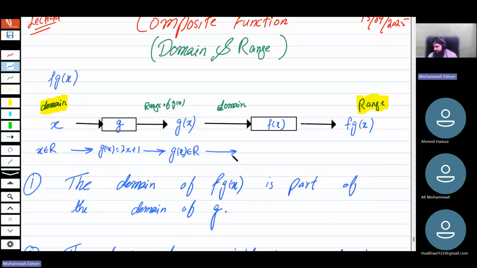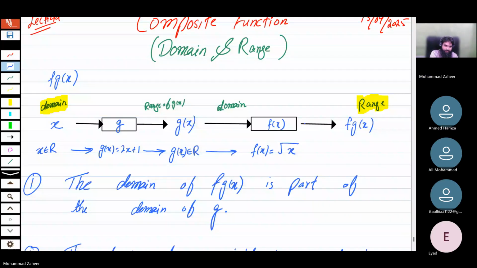Let's say the next function that you have is f of x equal to the square root of x. Now, is there any restriction in f of x, the square root of x? Because we have to give something as a domain.